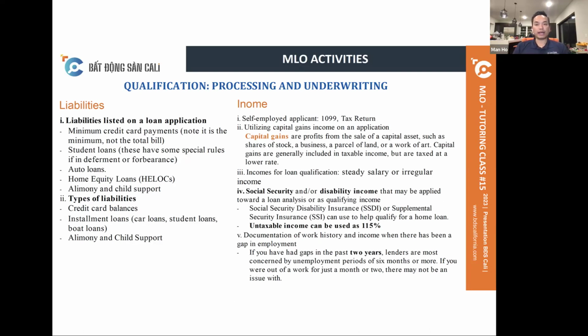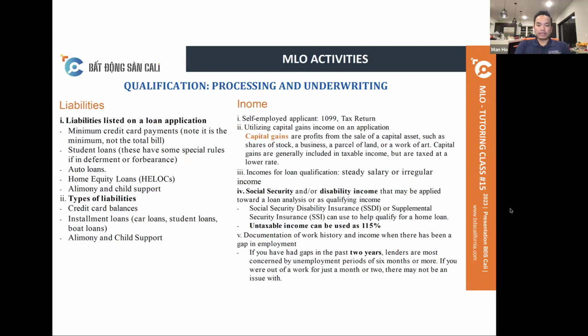If you get 10,000, imagine that, you may have 11,500 total income monthly. So keep this in mind: anything regarding Social Security or disability, the income can be counted as 115%. If you have a regular salary and regular paycheck, it only counts as 100%.